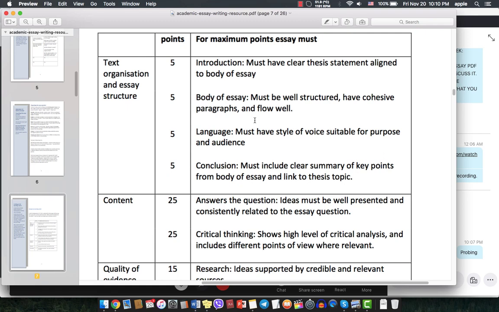Of course, for the purpose and audience, and for the conclusion, it must include a clear summary of key points from the body of the essay linked to the topic sentence. We always say that the conclusion is just a rephrased summary of the thesis statement and the introduction.